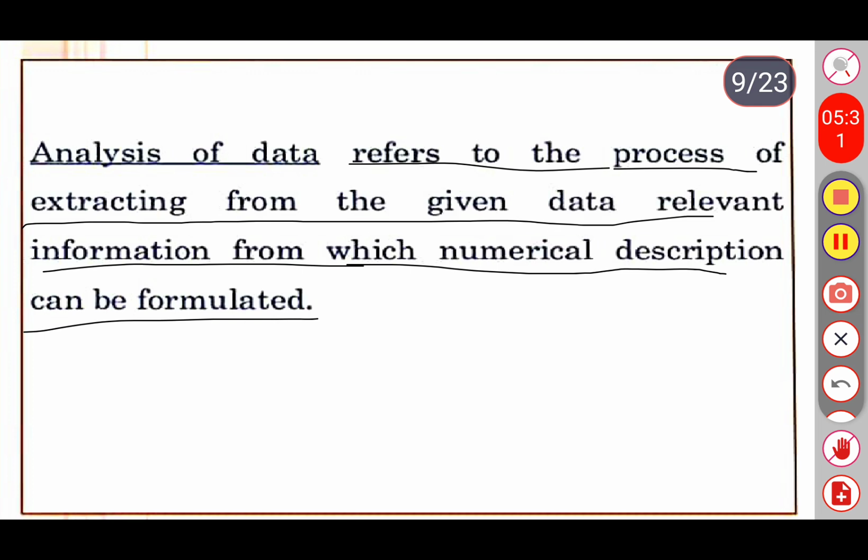We calculate the mean by using various methods also, like the step deviation method, assumed mean method and direct method. Later we will discuss that. And next, for median, we have two different formulas for an odd number and an even number of data. Okay, so this is the analysis of data.